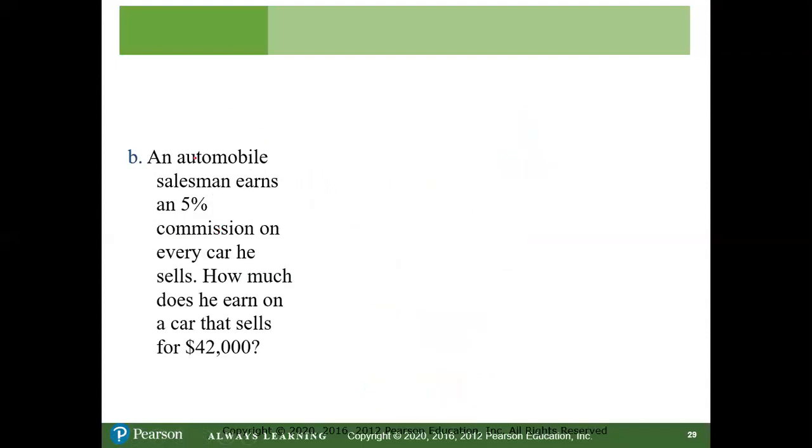So let's take a look at this one. An automobile salesman earns 5% commission on every car that he sells. How much does he earn on a car that sells for $42,000? This time we know what the percentage is. So this is going to be 5% over 100 is equal to what their commission is going to be out of this car that sells for $42,000.